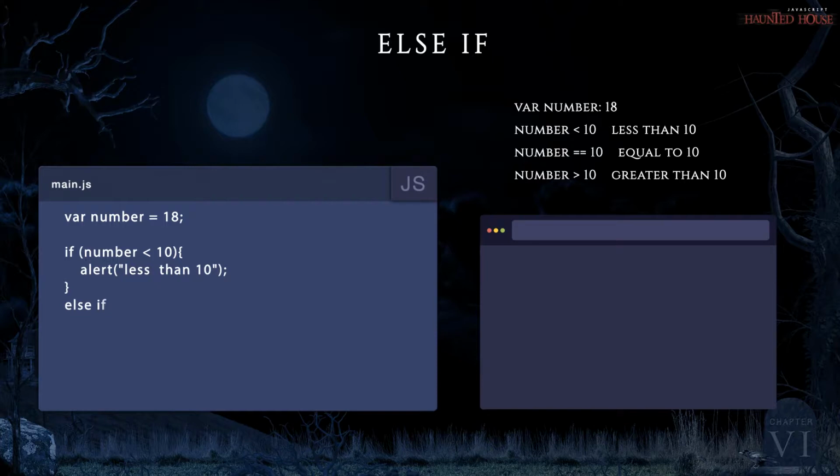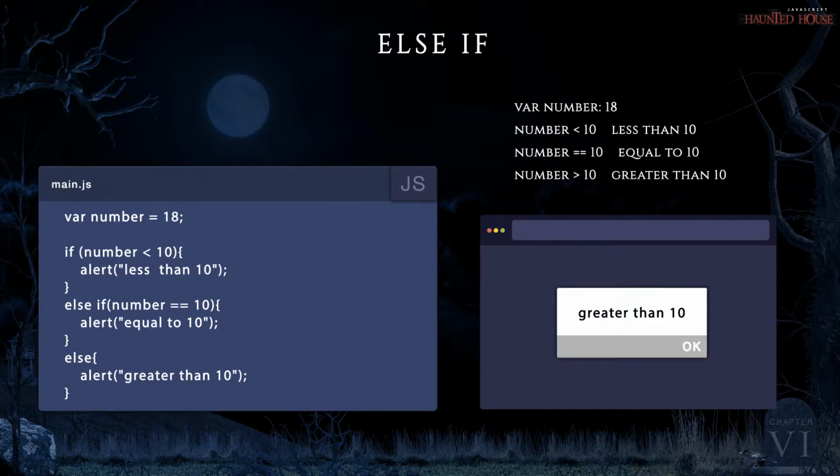Remember that if the first condition is true, JavaScript will not run the else if and it will get out of the statement automatically. The new condition should be put inside parentheses and compare if the number equals 10. Again, false. If none of the conditions is true, the code in the else should be executed, showing that the variable number is greater than 10.